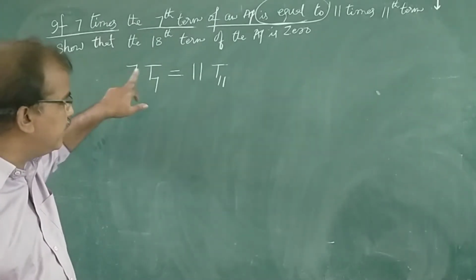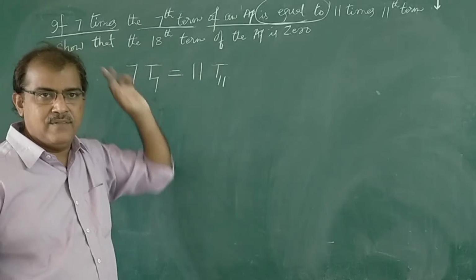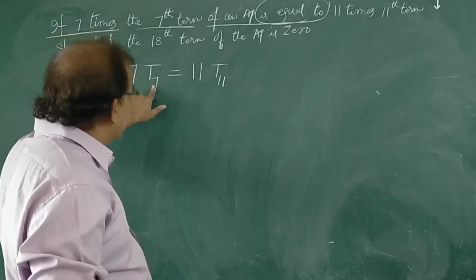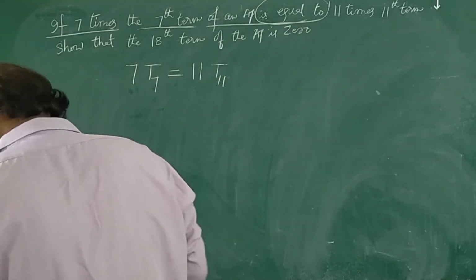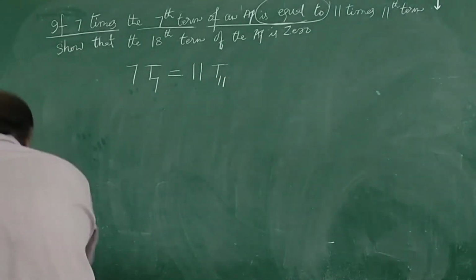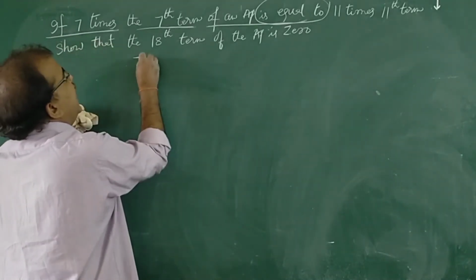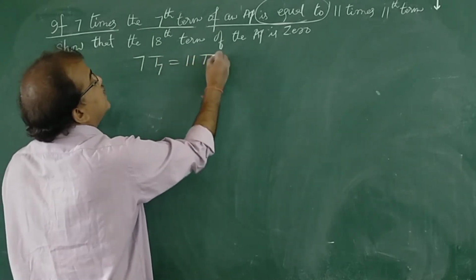7 times the 7th term is equal to 11 times the 11th term. I have written it big, so once again I make it: 7 times the 7th term is equal to 11 times the 11th term.